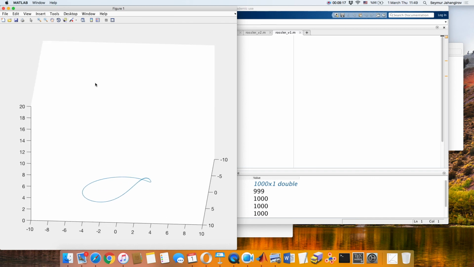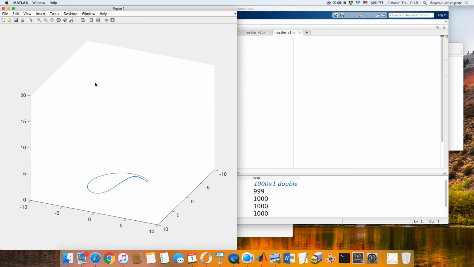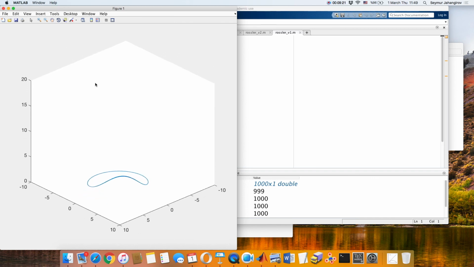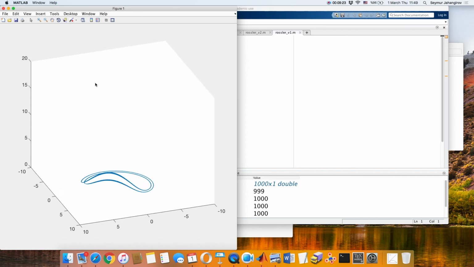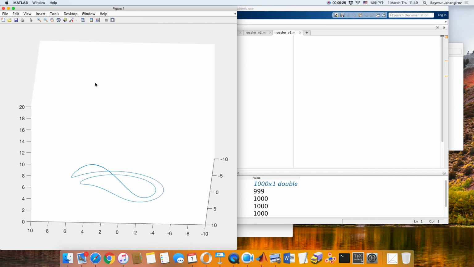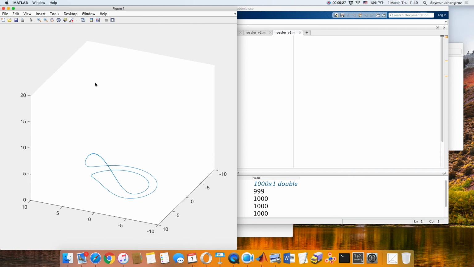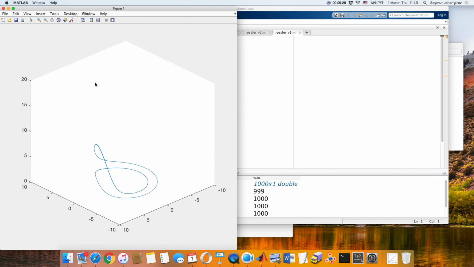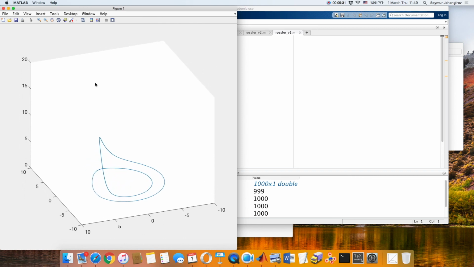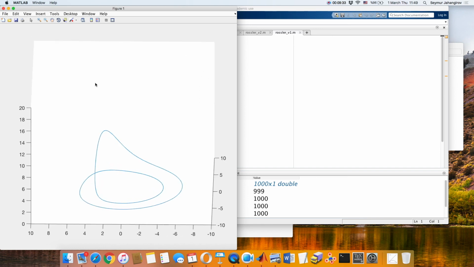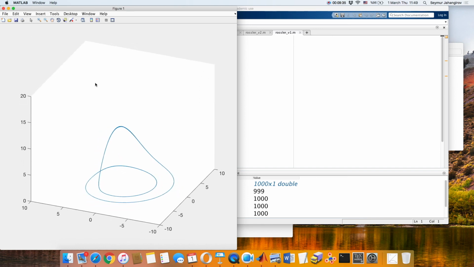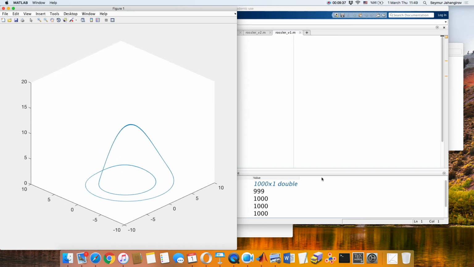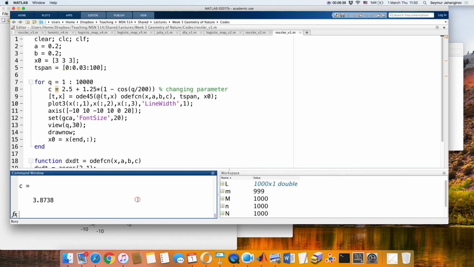So what happened here? The period would double, yes, like this. Then quadruple, then octuple, then the next one is, I don't know what's 16.